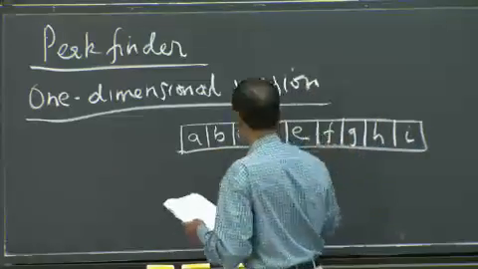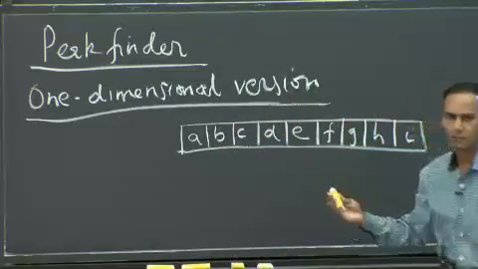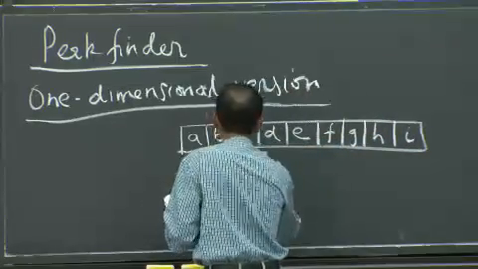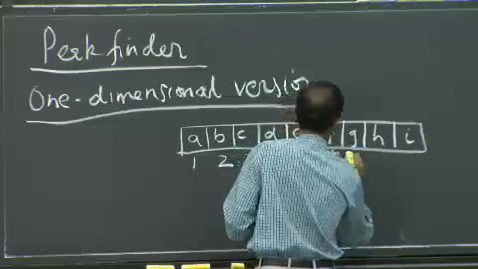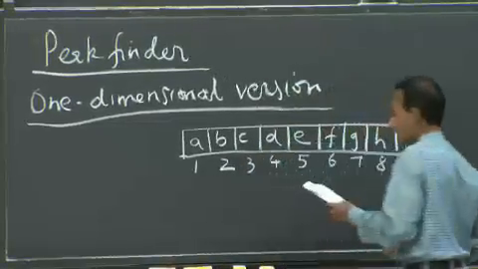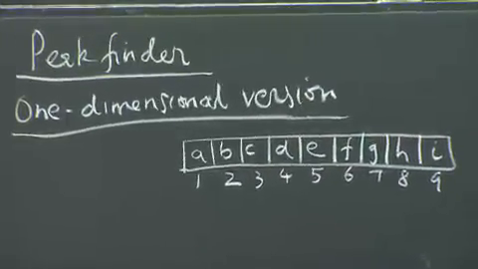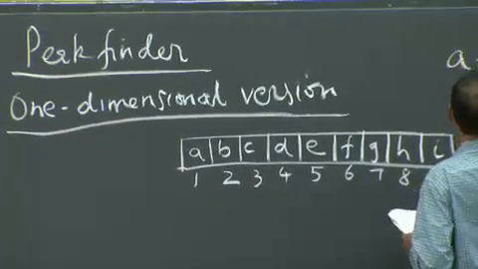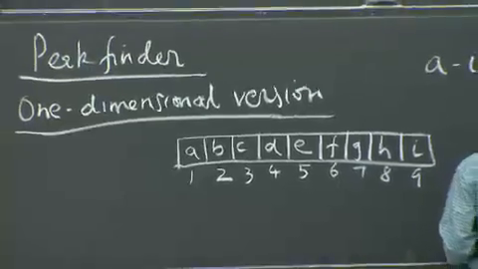And the numbers could be positive, negative. We'll just assume they're all positive. It doesn't really matter. The algorithms we describe will work. And so we have this one-dimensional array that has 9 different positions, and A through I are numbers.